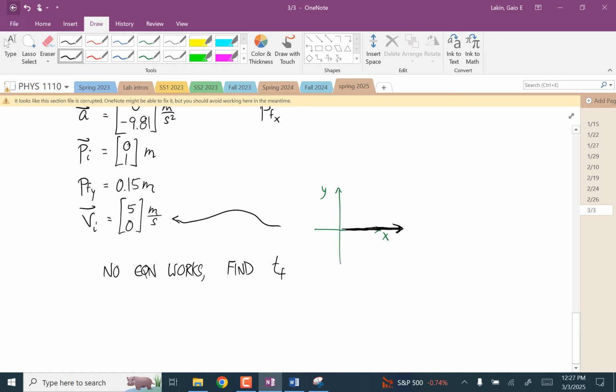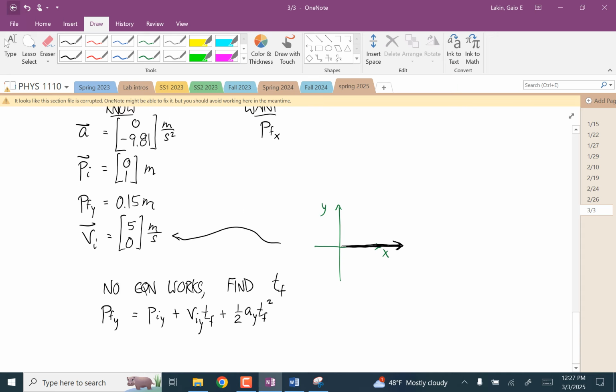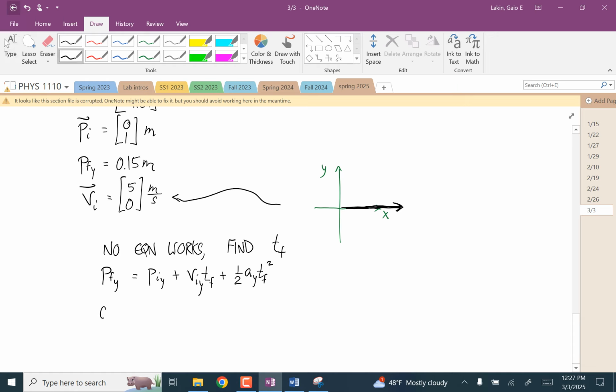And so you can try all 3 of the y equations. The one that works here is PFy is equal to PIy plus VIy TF plus 1/2 ay TF squared. So 0.15 is equal to 1 plus 0 minus 4.905 TF squared.